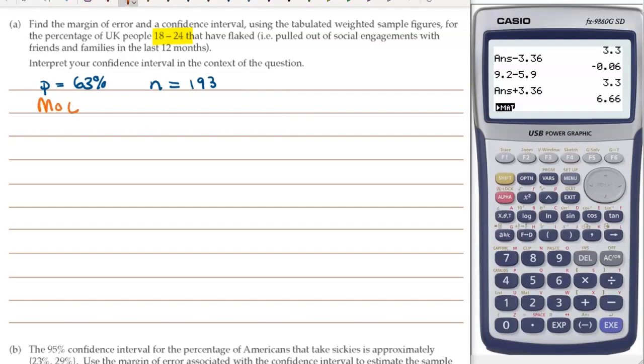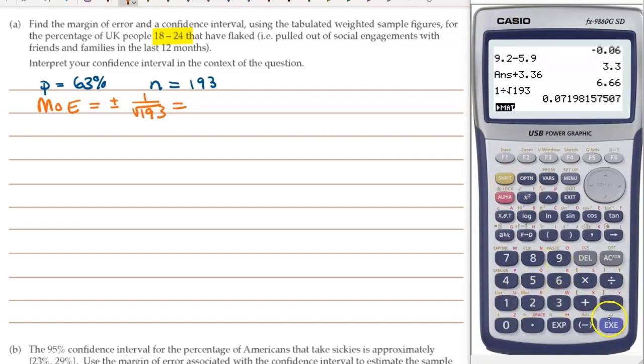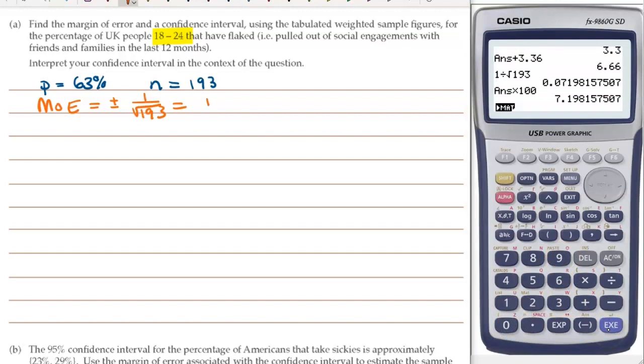So then the margin of error is equal to plus or minus 1 over the square root of 193. So that's plus or minus 7.2%. Then we go to do the confidence interval. It's going to be 63 plus or minus 7.2.